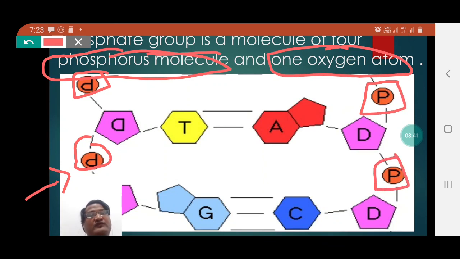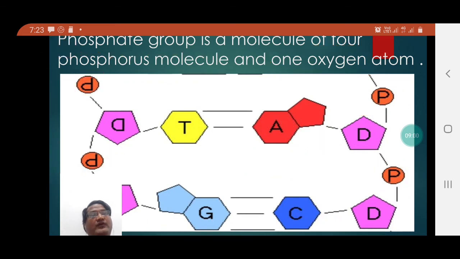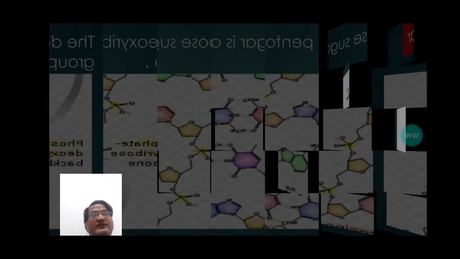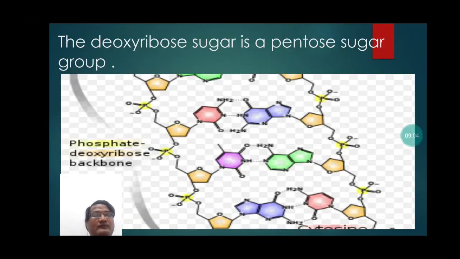Now students, this P is actually a group of 4 phosphorus molecules and 1 oxygen atom, which we can see here also.